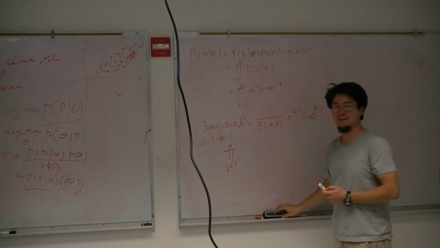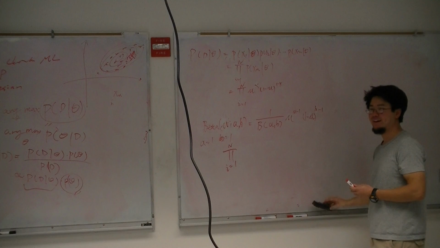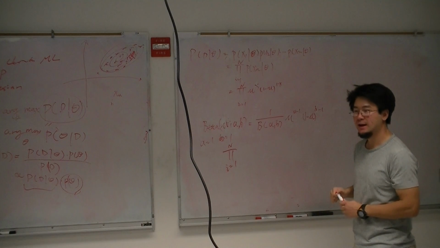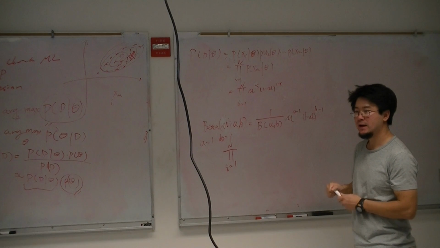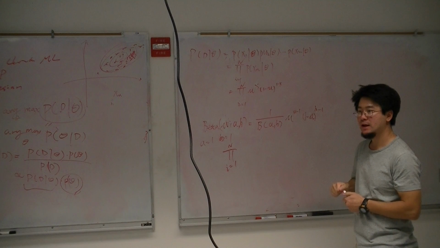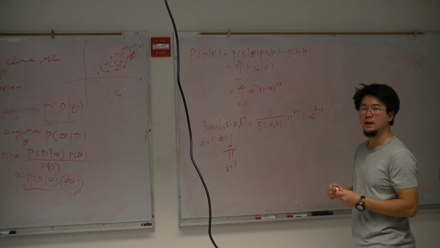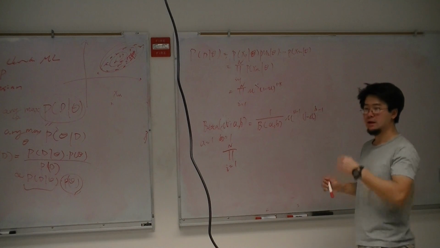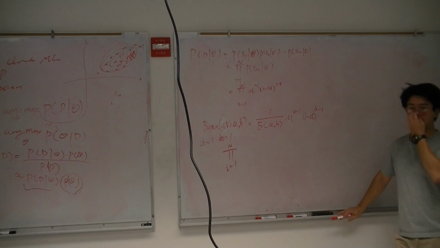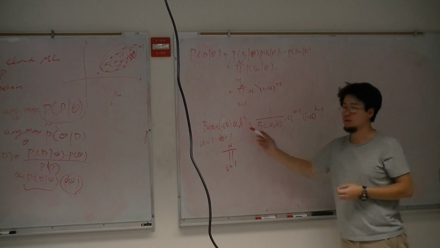No, it's okay. Is that problem with B(A,B), capital B, with A and B at the bottom? Oh, that's just a normalization factor. It's some function, but you can think of it as a constant, because for each A and B it is a constant.